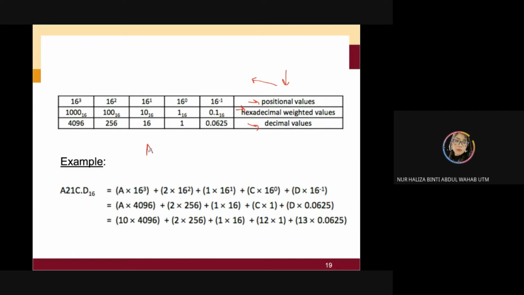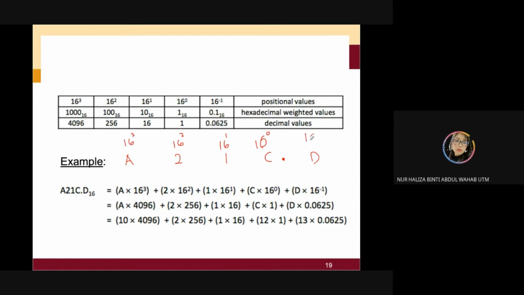If we have A21.CD, okay, let's take a look how we're going to convert it. We have A, 2, 1, C, and then D. This one, we're going to start with 16 to the power of 0, 16 to the power of 1, 16 to the power of 2, 16 to the power of 3.